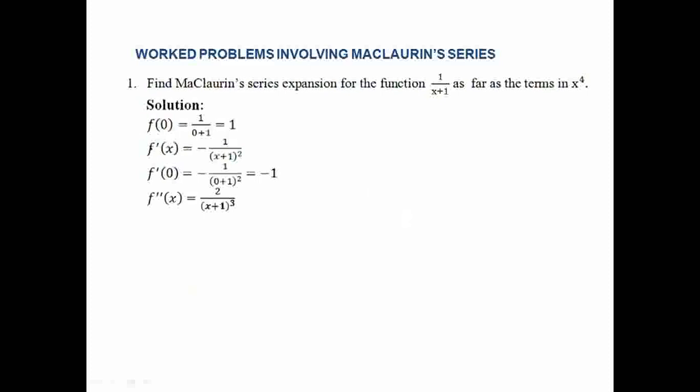Then we get the first differential coefficient of the function with respect to x. It gives us negative 1 over open bracket x plus 1 close bracket raised to the power 2. Then where there is x in the first differential coefficient, we put a 0 and it gives us negative 1.